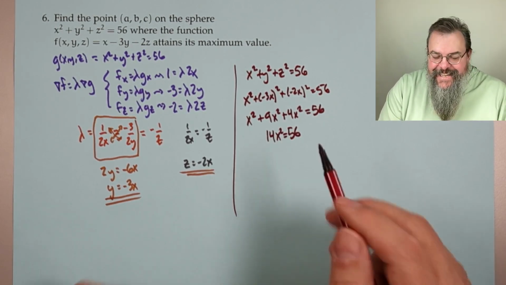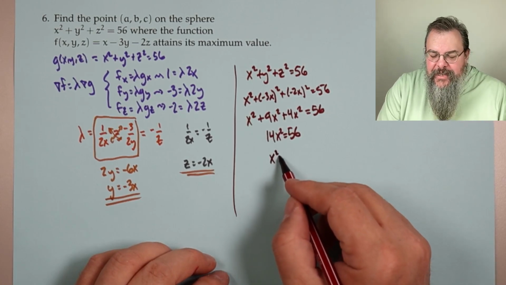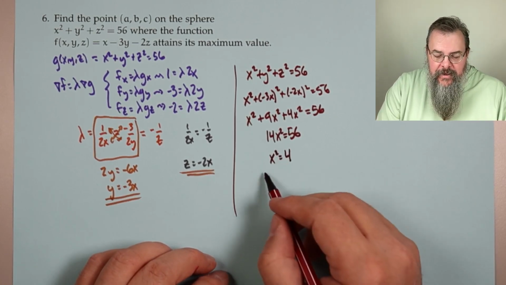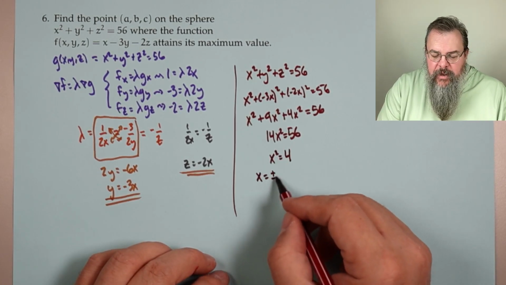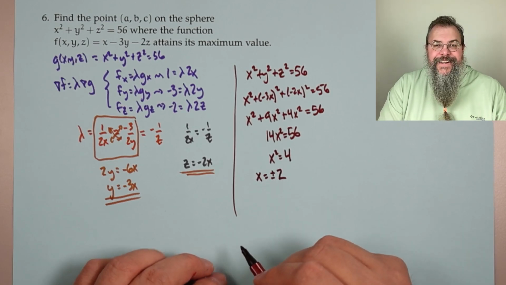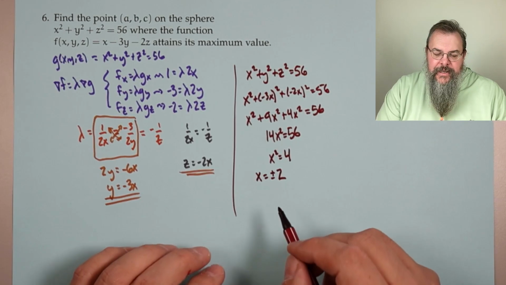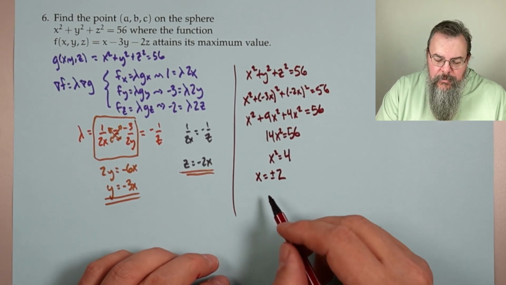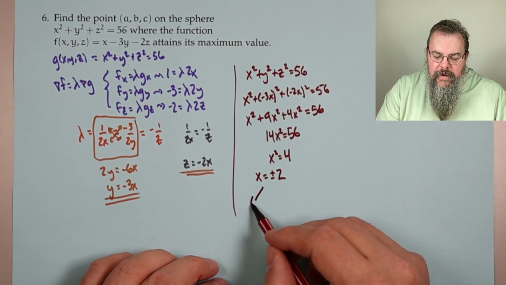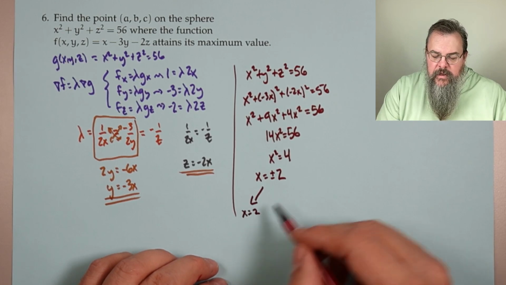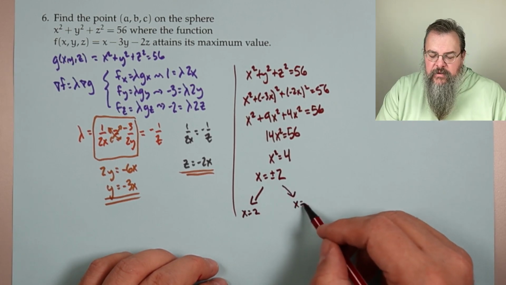Because they did. And we get that x squared equals 4. That leads us to x equals plus or minus 2. All right, good. Now, this is going to lead us to two possible points, right? So we have x equals 2, and we have x equals minus 2.